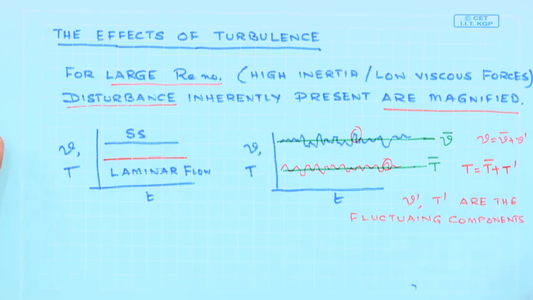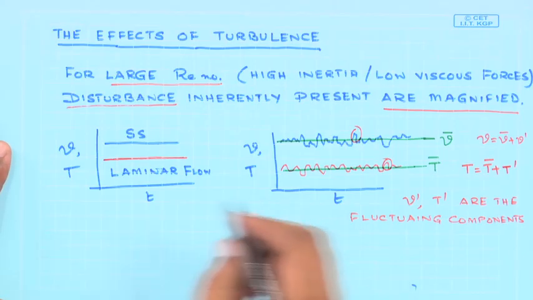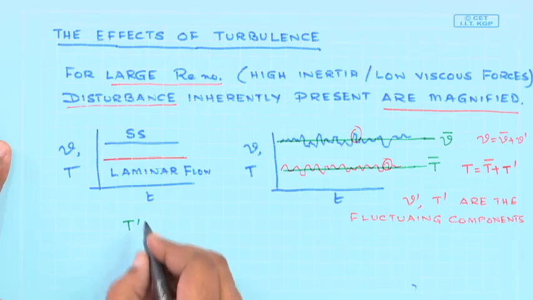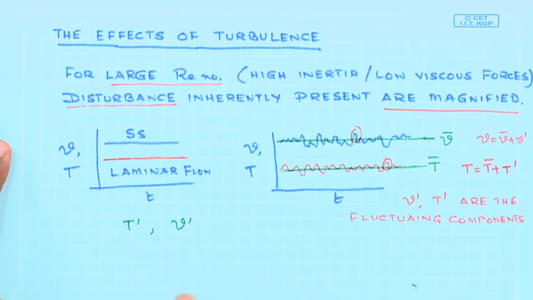So, these are the fluctuating components, and there are certain properties which one has to keep in mind. The time average of the fluctuating component of temperature, T prime, or the fluctuating component of velocity, V prime, is going to be equal to 0.